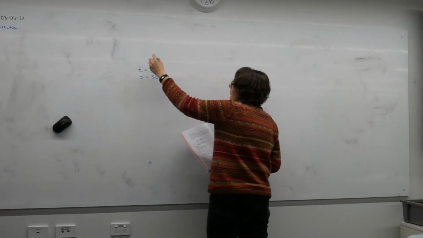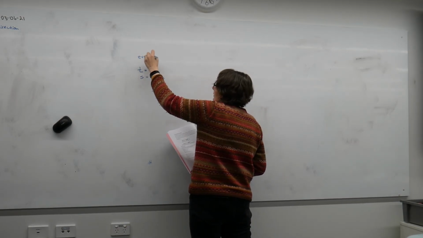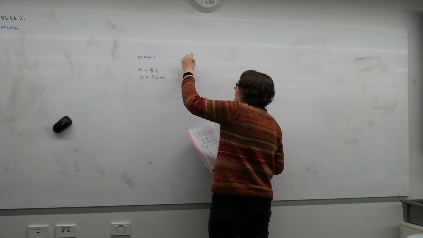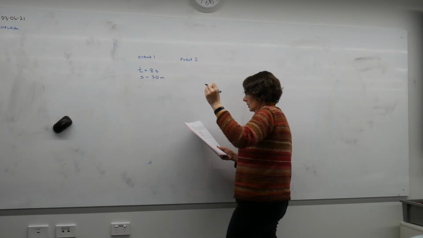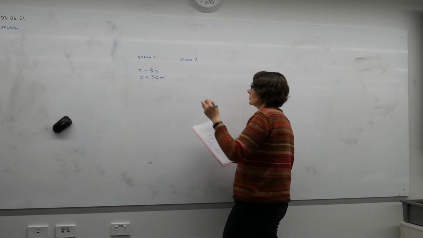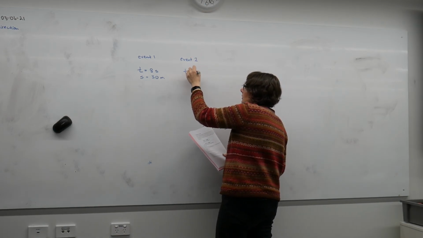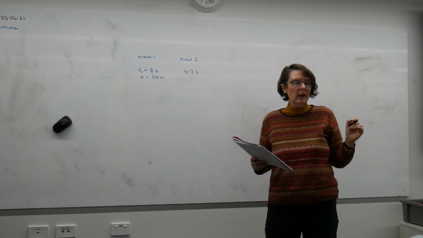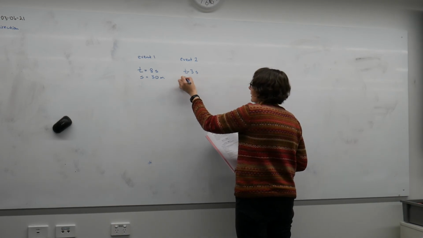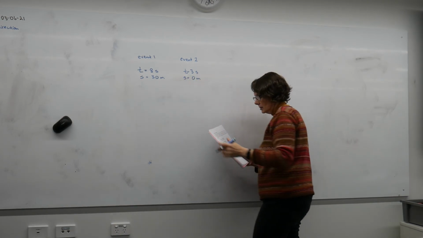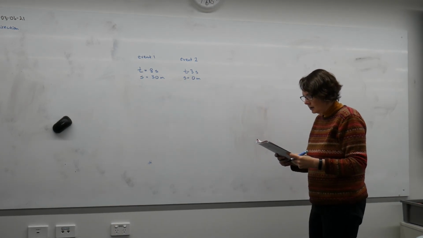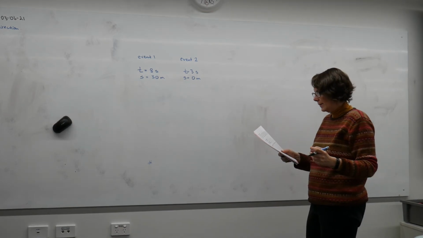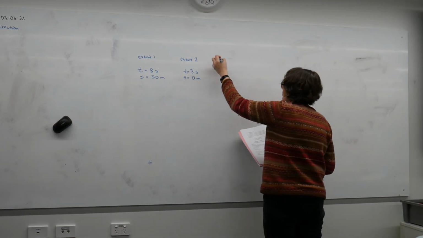So this is, if you like, event 1. Event 2 goes for 3 seconds, where she's waiting. So that means our displacement is 0 meters. And then she sprints halfway back, taking only 3 seconds.